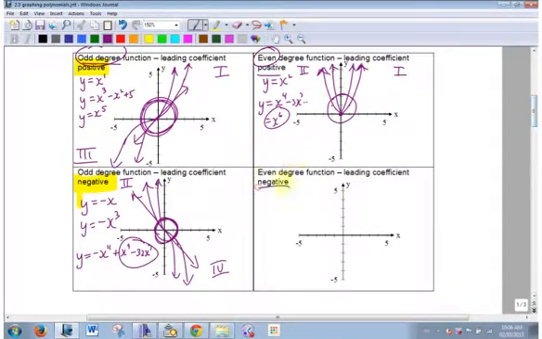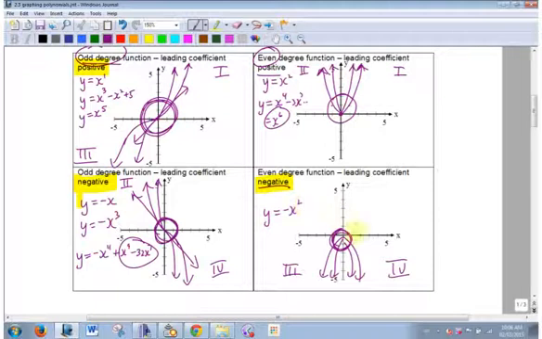So, if I now make that negative, we know what that does. That just reflects everything over the x-axis. This will be different, but I know it's always going to go down in quadrants 3 and 4.